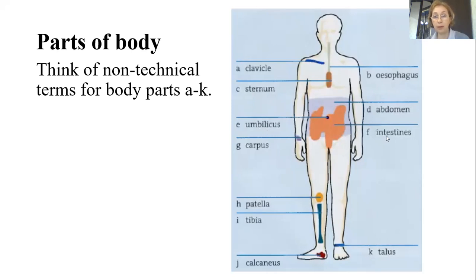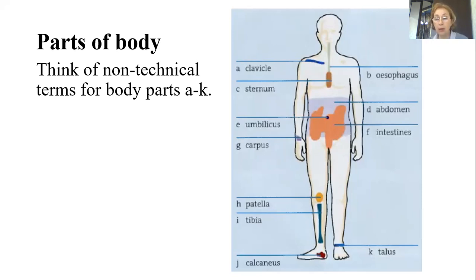For intestines, what is it? Bowels. Bowels or gut. Or viscera. Okay. For patella, what is it?